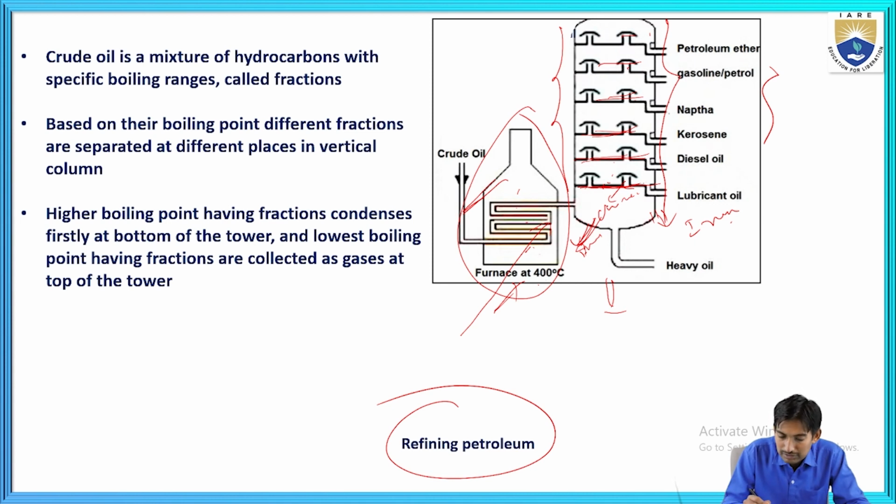These chimneys allow vapors into the upper container. It will not allow the condensed liquid to come back into this chamber.